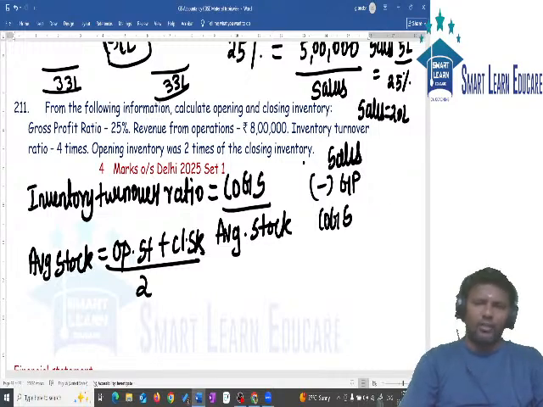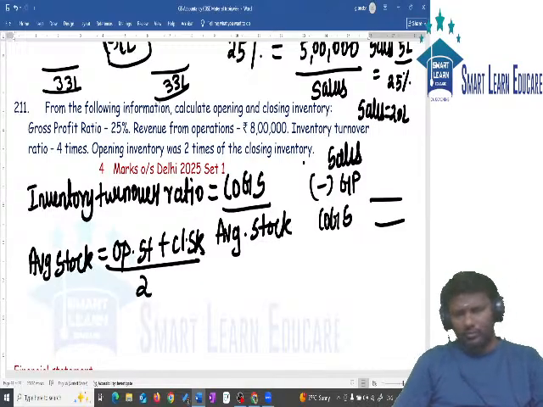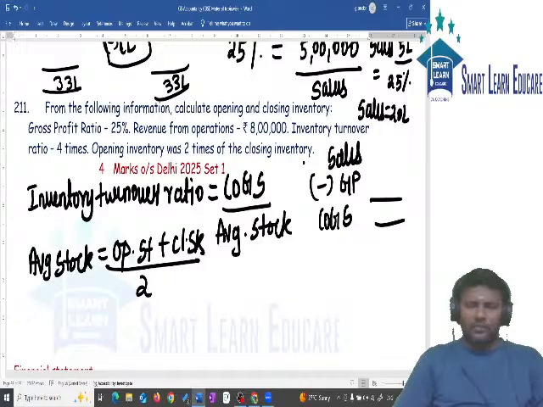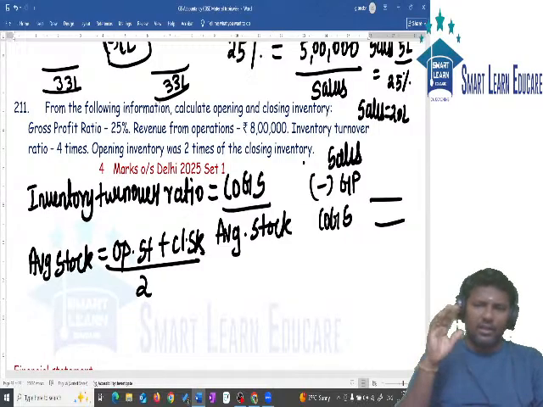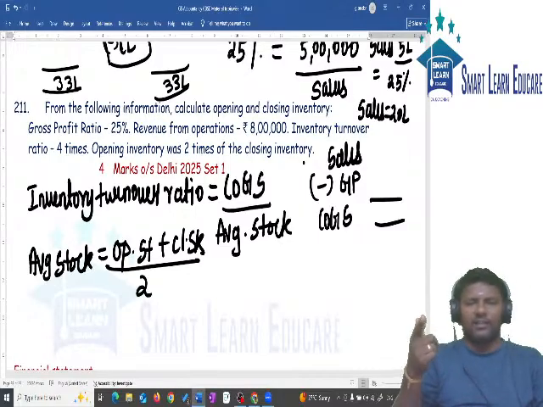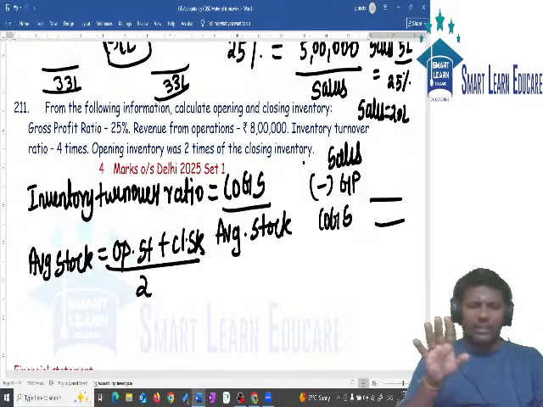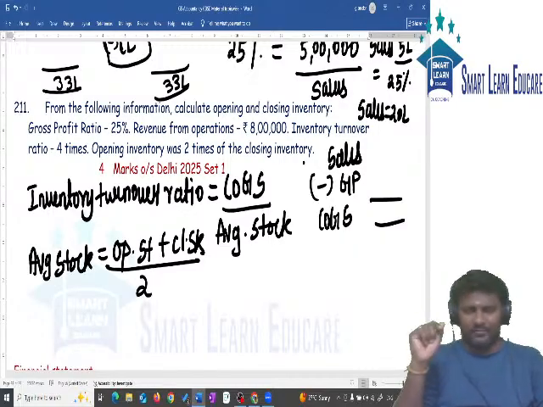From sales reduce gross profit, you will get cost of goods sold. This gross profit itself can be expressed in two ways. Yesterday we discussed, either gross profit can be given in terms of sales, or in terms of cost of goods sold. If nothing is given, always gross profit should be taken as a percentage on sales.